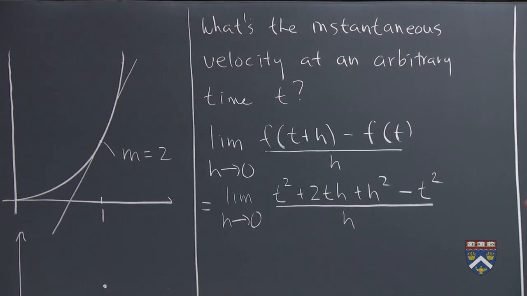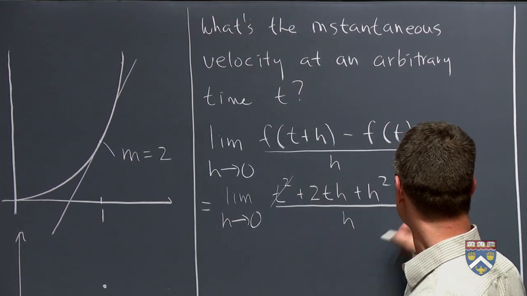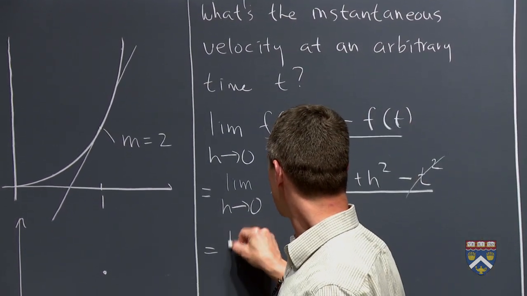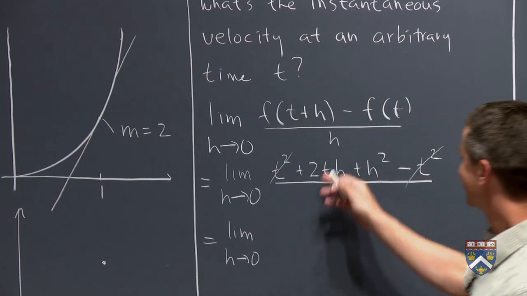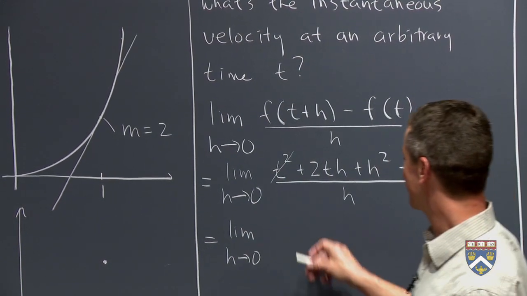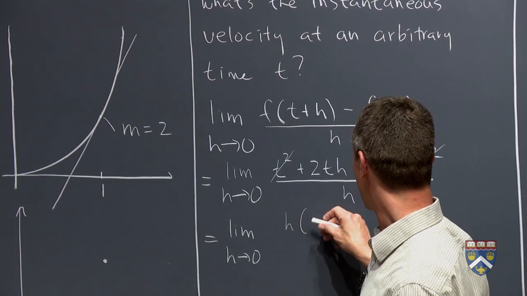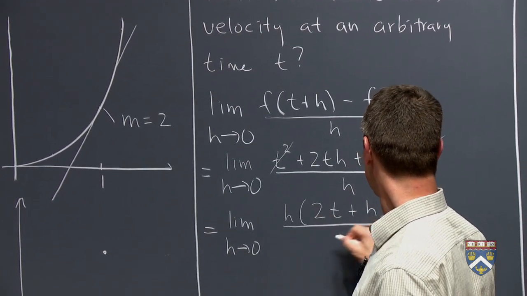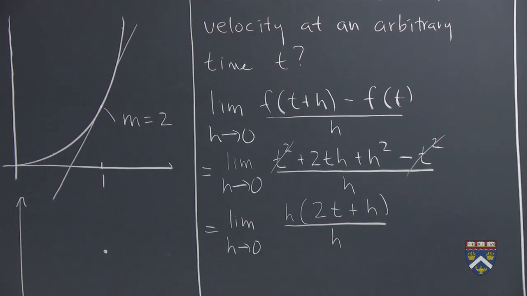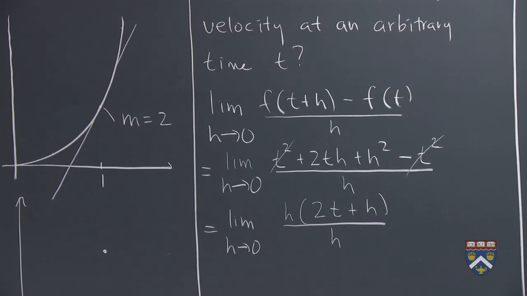Just as the 1 squareds canceled over there, the t squareds cancel here. And we again, by great good luck for us, see that both terms in the top have an h in them. So we can factor an h out of that. We get 2t plus h. We still can't let h go to 0 because that would mean dividing by 0.